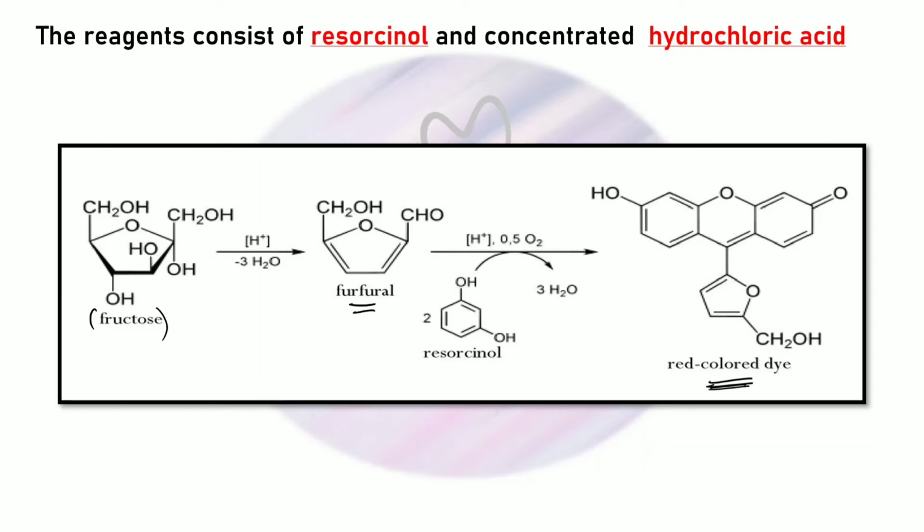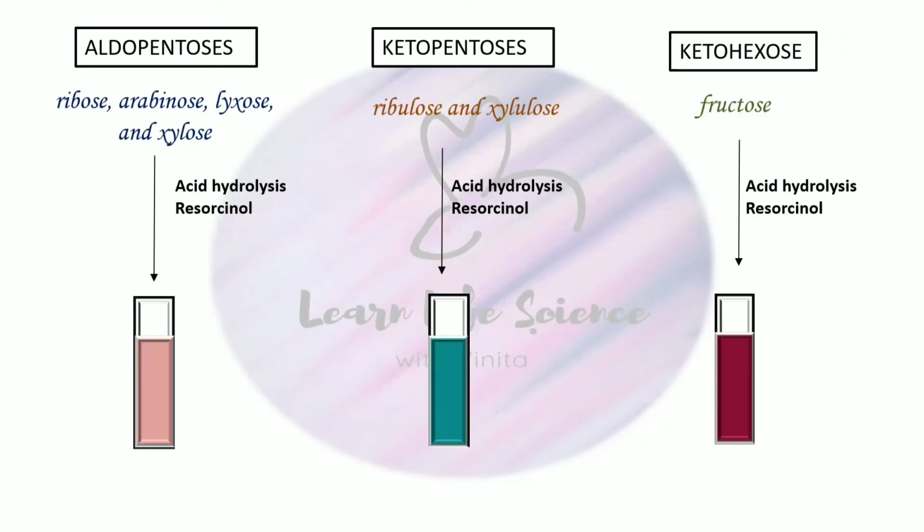One more thing that is important in this test is the reactions of different sugars with these reagents. For example, aldopentoses means sugars having an aldehyde group or CHO group in their structure, for example ribose, arabinose, lyxose, and xylose. These are examples of aldopentoses.